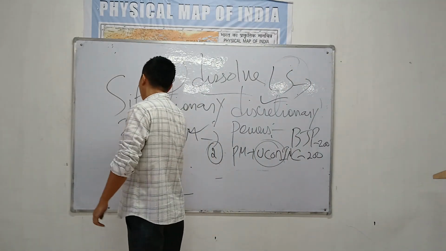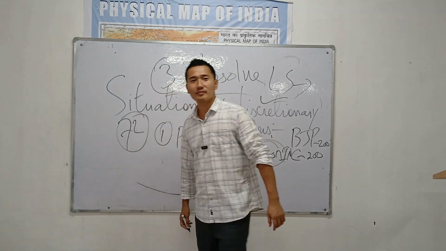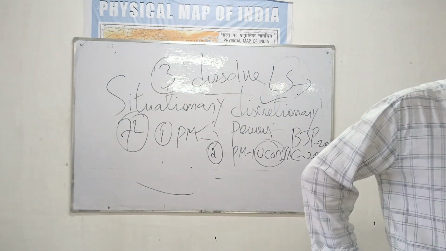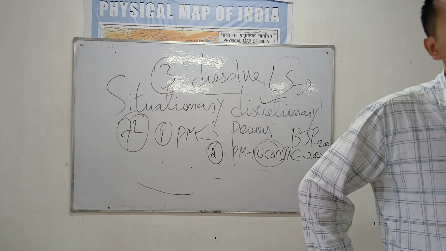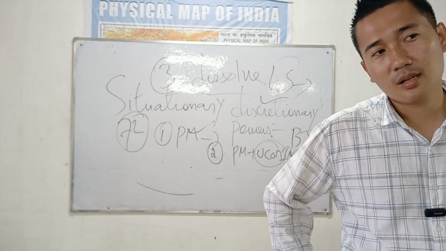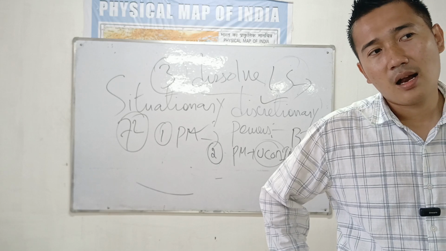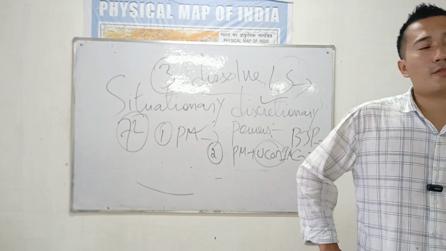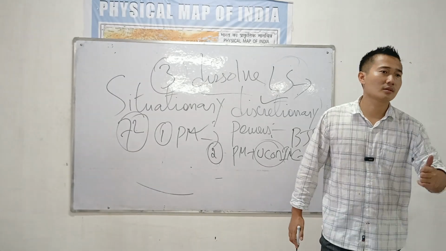Article 72. Power of the President with regard to pardon.